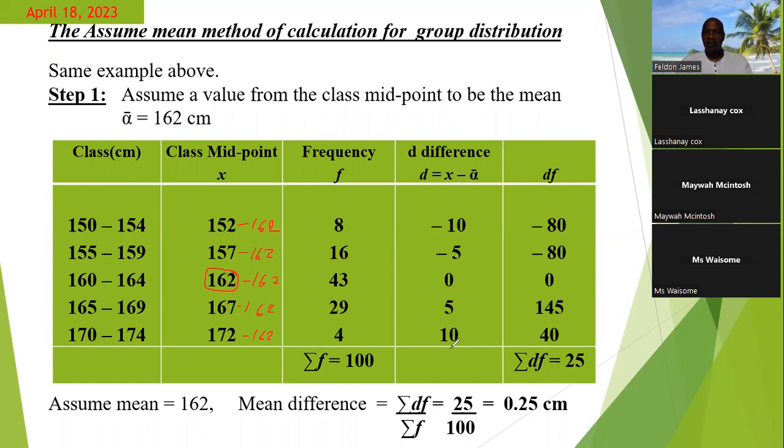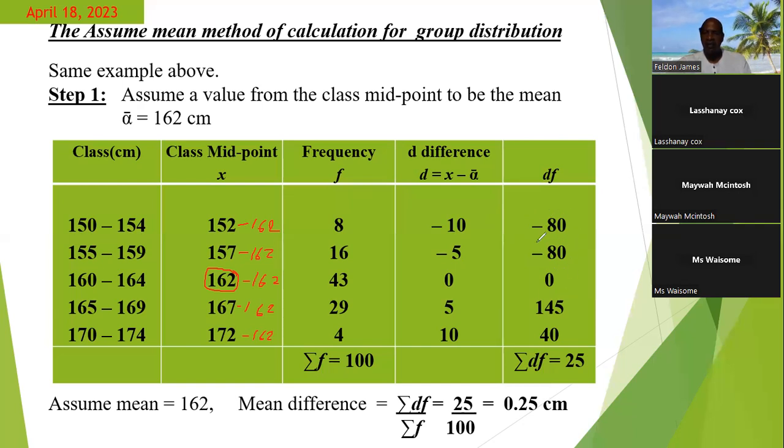Now, the rationale behind using the mean difference: when you were doing the mean without the difference for the grouped distribution, you would be calculating values that would really add up. When you calculate those values, you get some large values, right? And when you're working with large numbers, especially when you're adding, you're likely to make mistakes with those values.